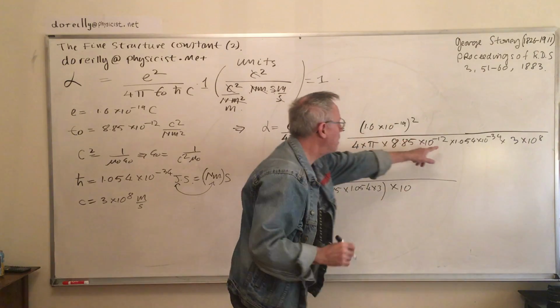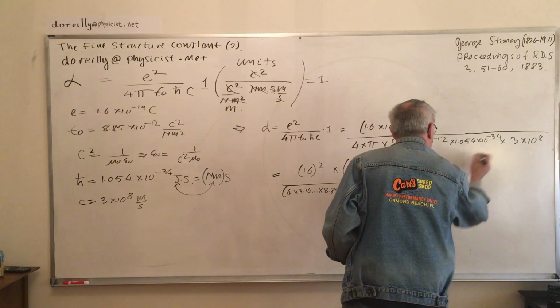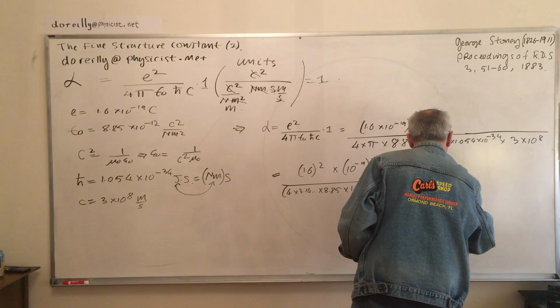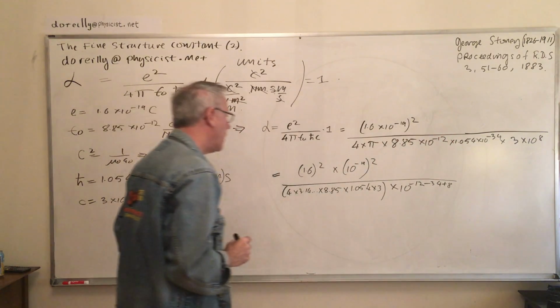On the bottom, we have minus 12, minus 34, plus 8. Okay, so far so good.